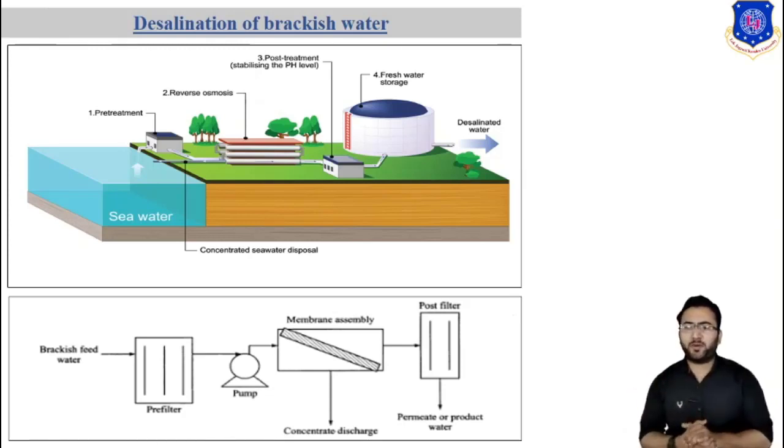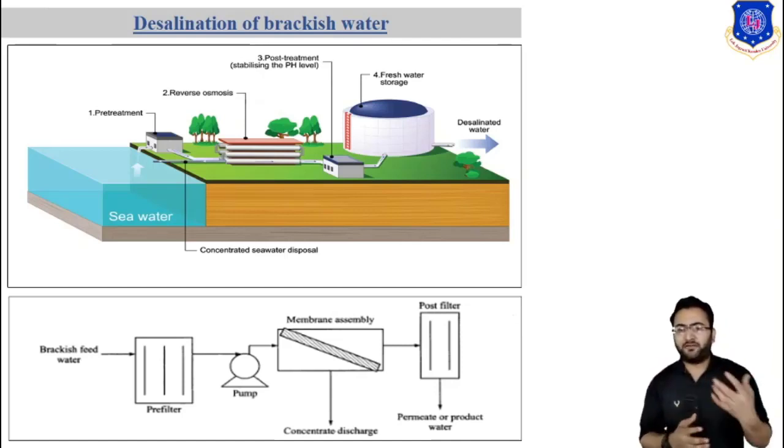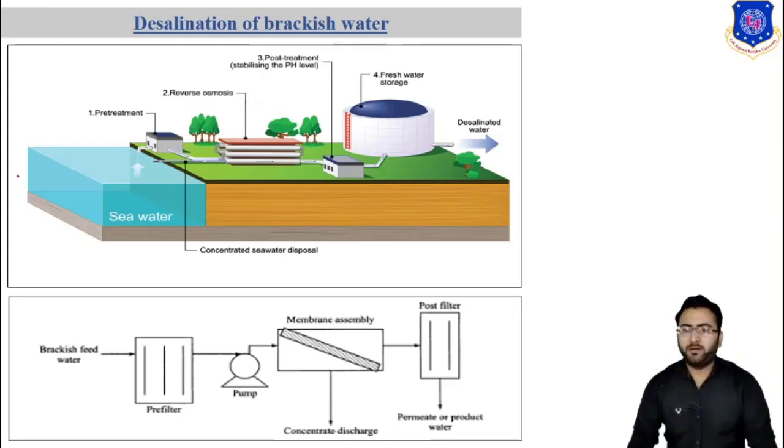Reverse osmosis membranes are made in various configurations, with the two most common being spiral wound and hollow fiber. So in this desalination treatment, first pre-treatment is used, then reverse osmosis membranes are used for the separation process, and post-treatment is used to stabilize the pH level, and we will get the desalinated pure water.